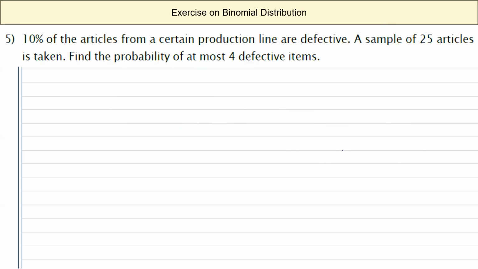Okay, next one. Question number 5, and the last one for this video. 10% of articles from a certain production line are defective. So probability of success here is defective, no problem. A sample size here is 25 articles. Find the probability of at most 4 defective items.